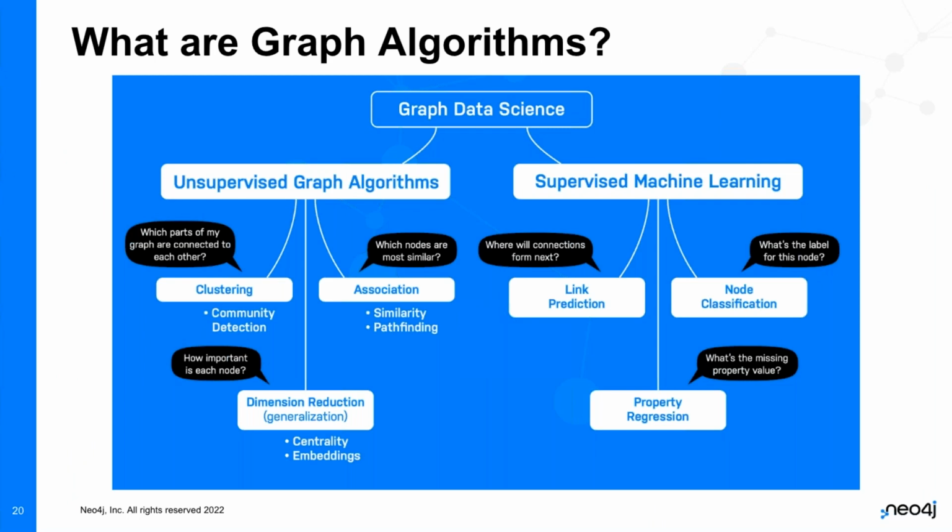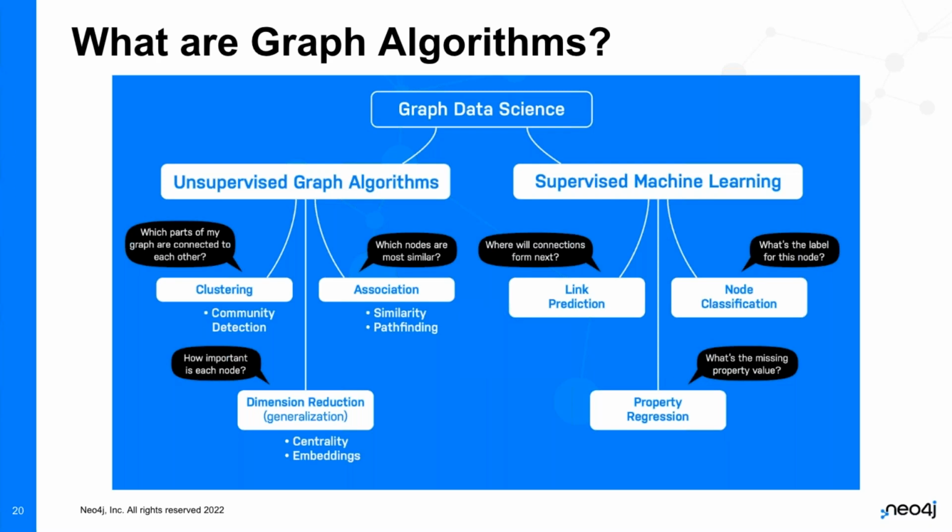Which nodes are vulnerable to the effects, like I said, the geopolitical effects that happen in one part of the world? How do I do capacity planning, and so on and so forth? And similarity and pathfinding algorithms are used to find associations between two entities, and clustering algorithms or community detection algorithms are used to group different nodes in a graph.